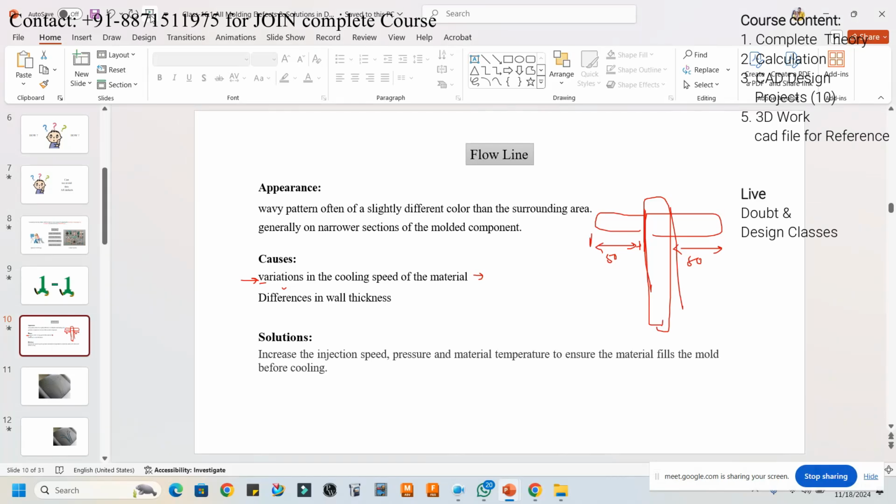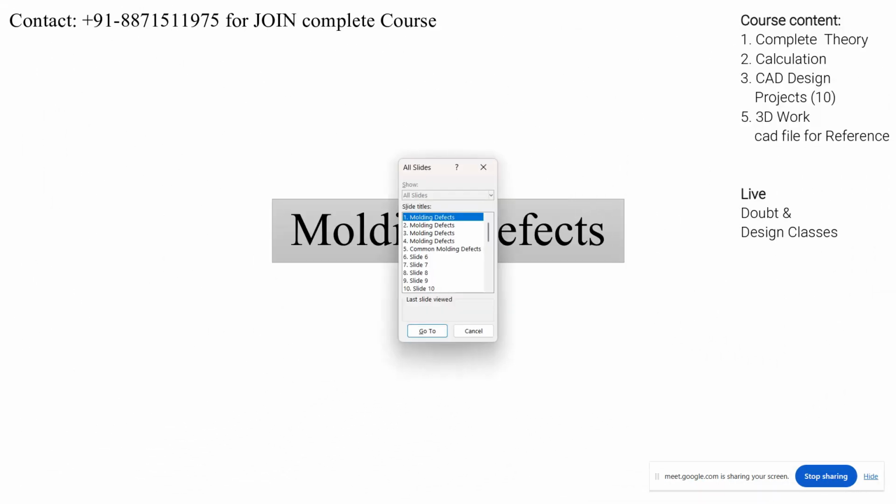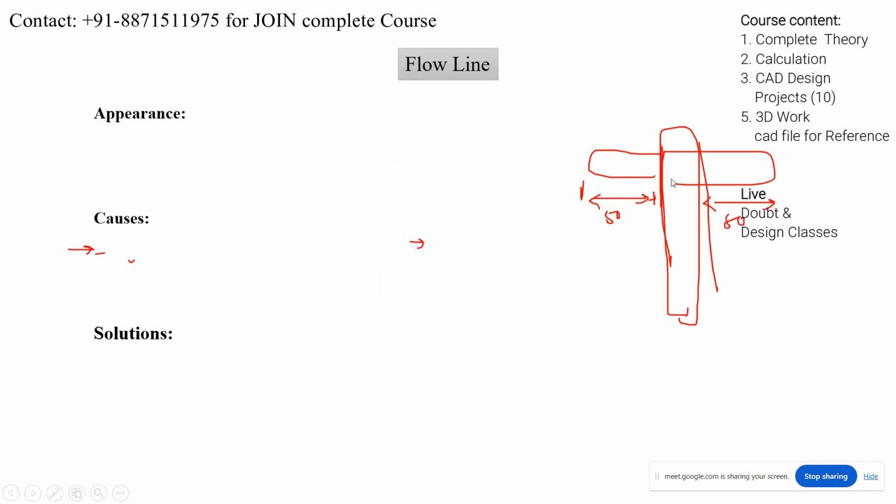Understood or not? What are you preparing here? You are preparing a runner. This is the runner, and this is the sub runner, where you are going to fill these components.